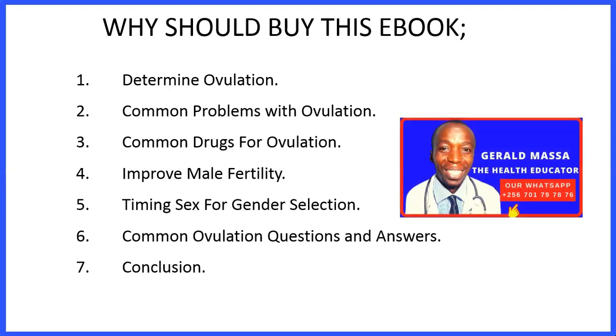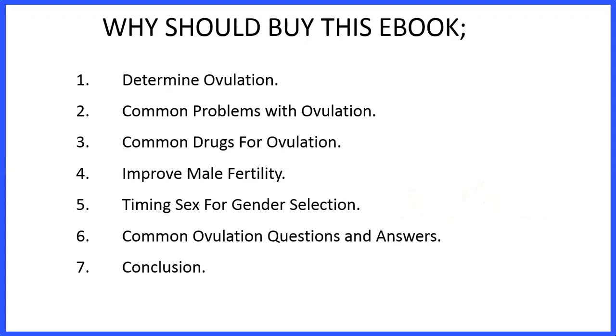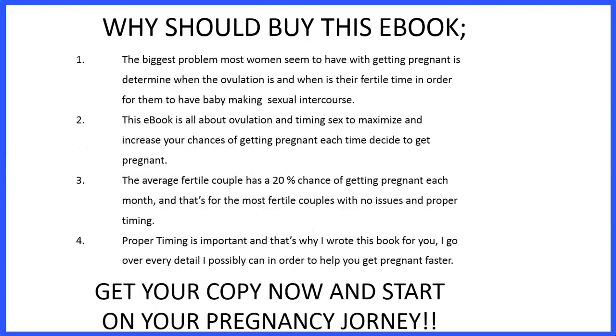When you get this ebook, you'll be able to determine ovulation. You will understand the common problems with ovulation, the common drugs for ovulation, and you'll be able to improve male fertility, because you may be thinking that you have issues when there are issues with your partner, when maybe he has issues with low sperm count, poor sperm quality. I talk about all this in this ebook, and you'll also be able to time sex for gender selection, and have all your questions answered about ovulation.